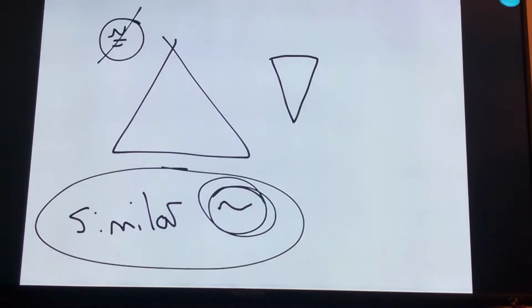Alright, so number 1, it looks like one's bigger, correct? So I think I would put the old similar sign. Actually, let's do number 3.